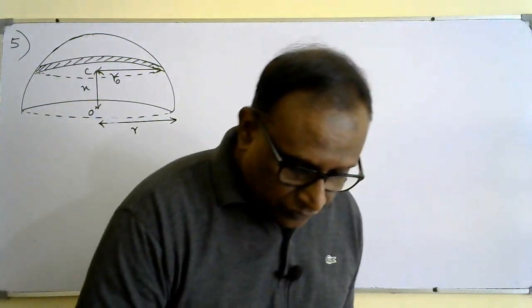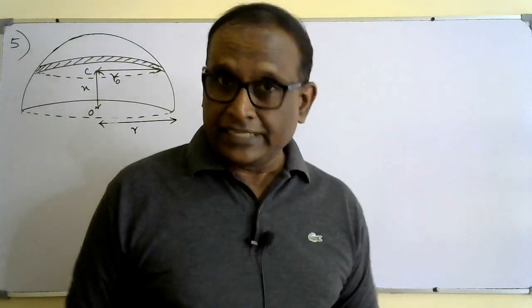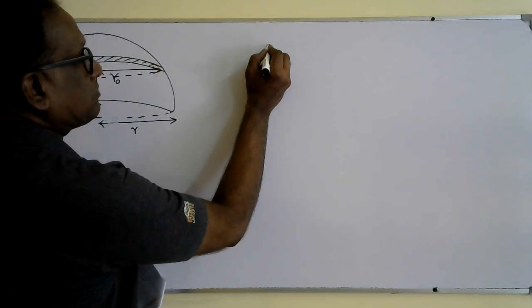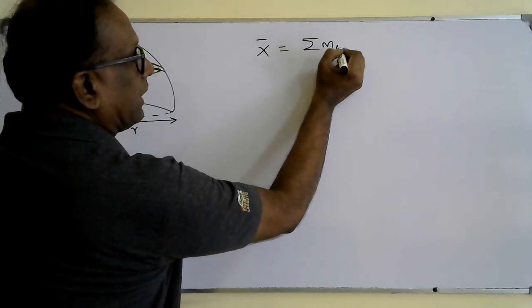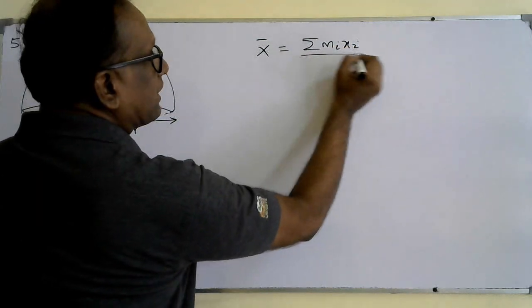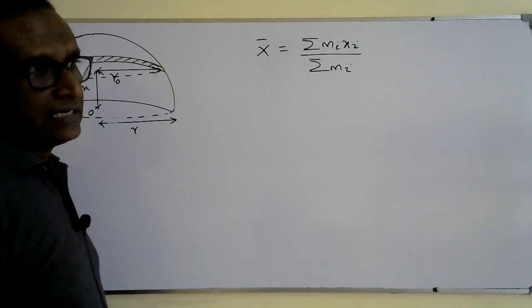So we are going to finally use the mathematical definition of center of mass, that is x bar is equal to sigma mi xi over sigma mi. That's the final approach.